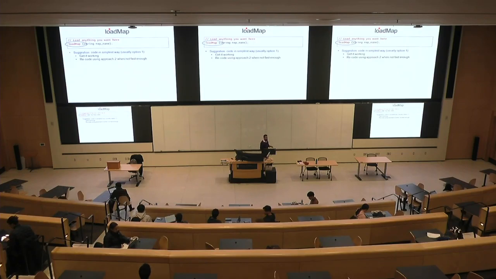Okay, but our suggestion, now that we know the two approaches to what to do in load map, is to try to follow an agile approach when it comes to software development. I usually follow that approach even at my work. I get something simple working first, make sure that it works and achieves at least the functionality or robustness that I expect, and then I worry about the performance.